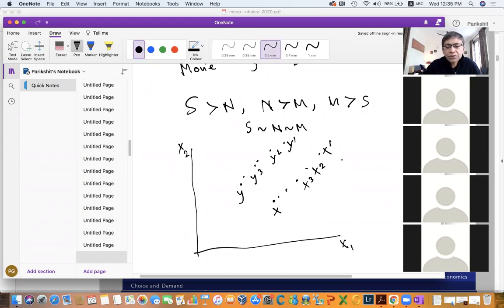And suppose we know that the ith element of the second sequence and the ith element of the first sequence satisfy this: yi is weakly preferred to xi, true for all i.